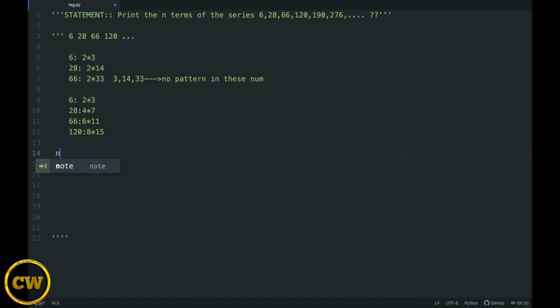The number n is equal to k into, so these are all odd numbers, right? An odd number can be written as 2k minus 1.